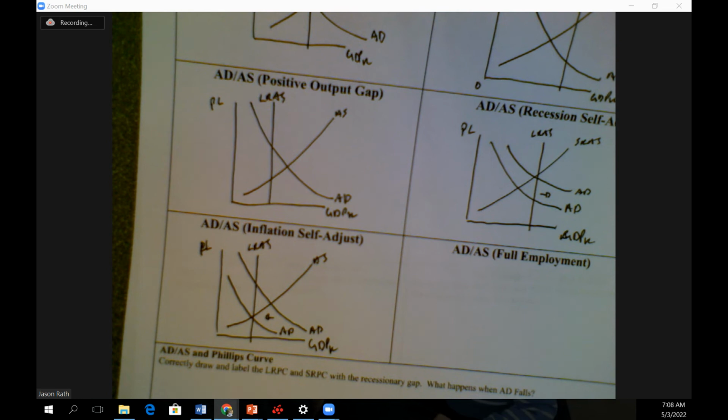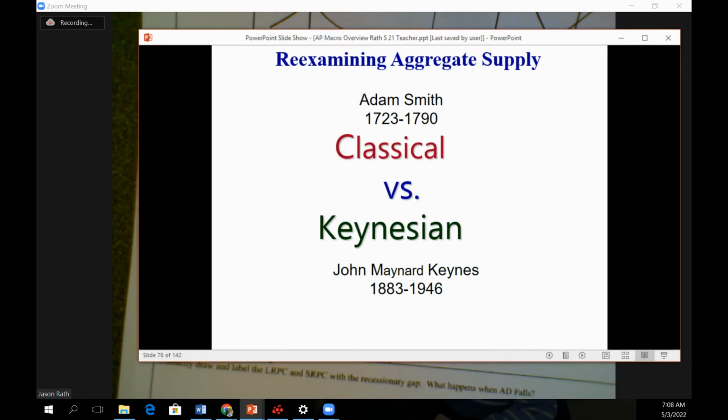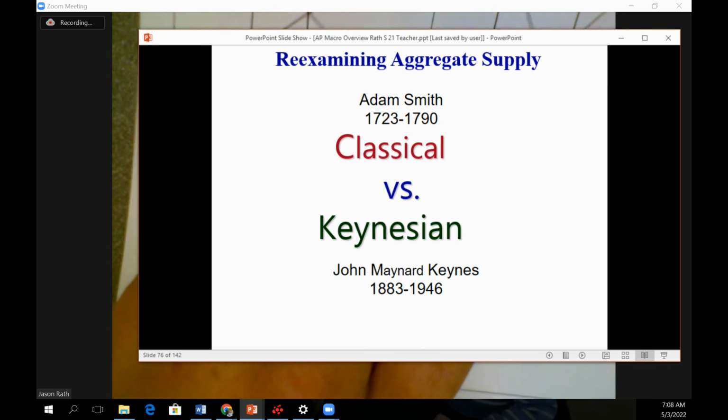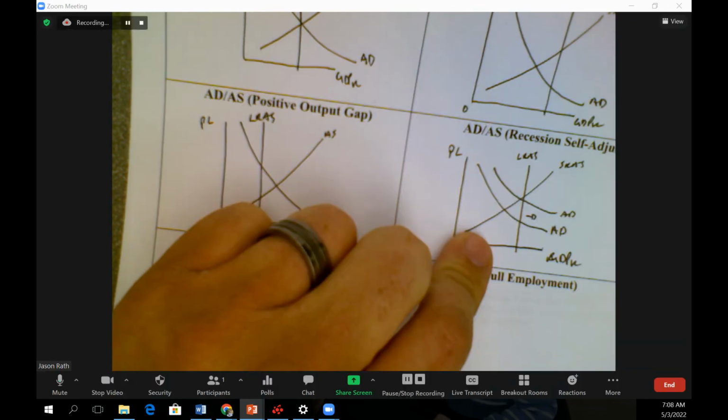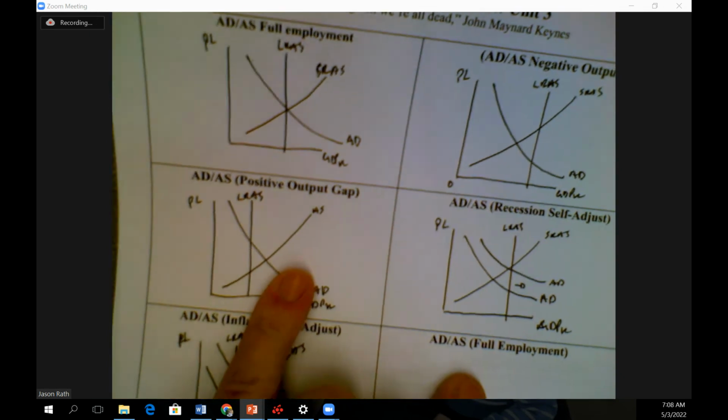Okay, let's go back to classical versus Keynesian. Yeah, you could either one of these supply could shift to the right or to the left. Either one of these. We did demand, but you could also do supply.